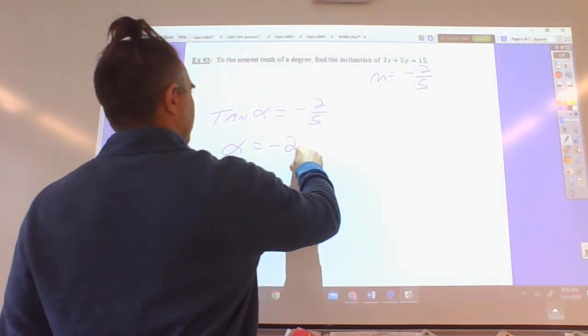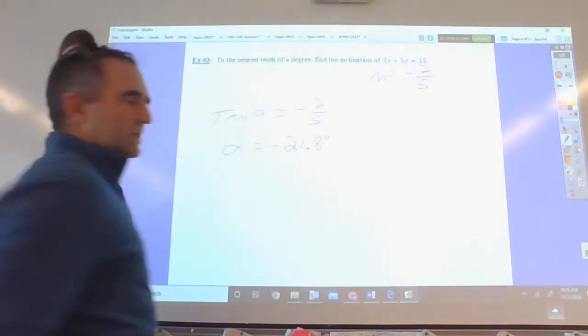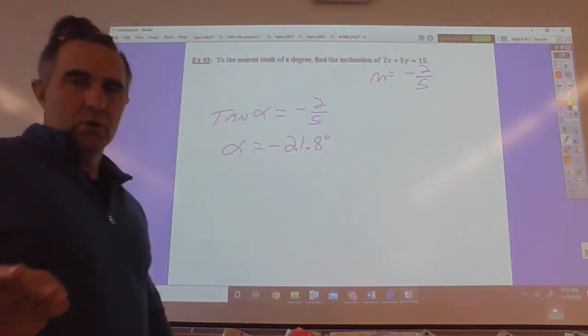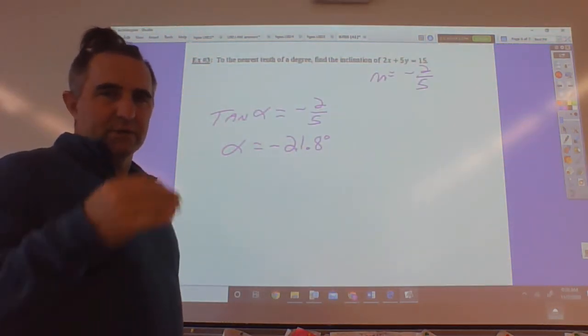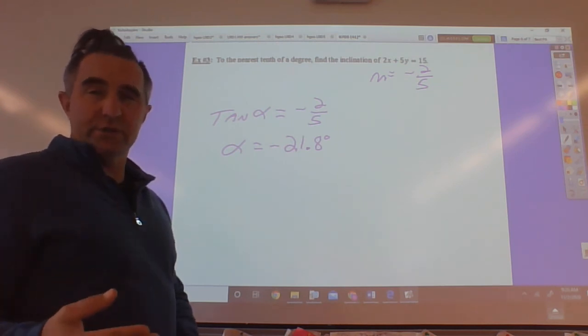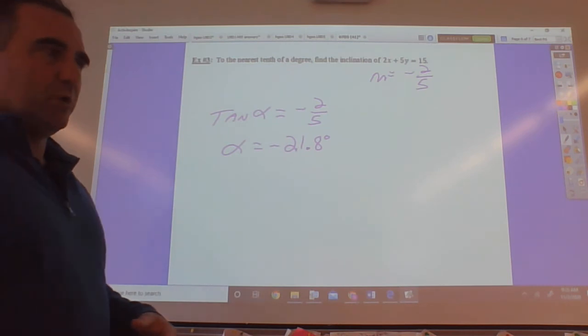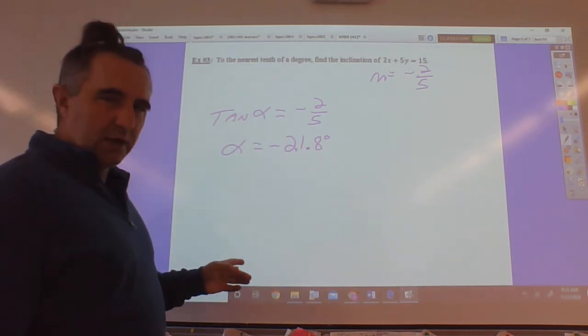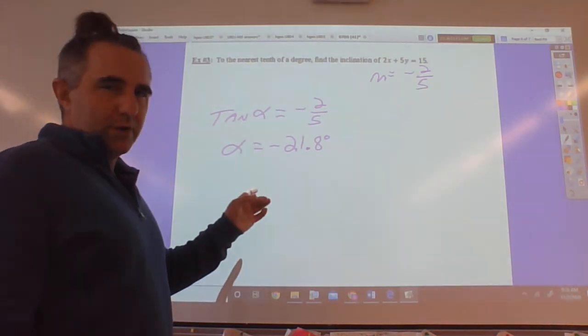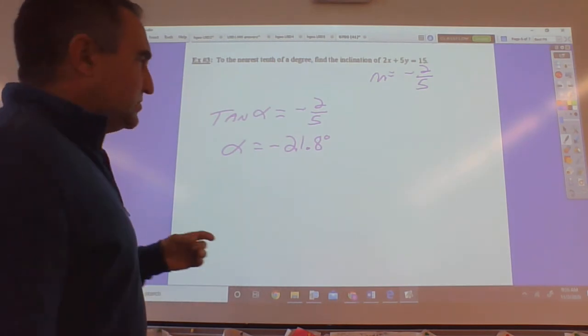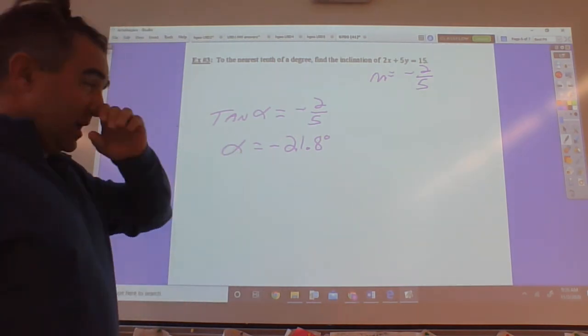So negative 21.8 degrees. Now remember, when we were dealing with tangent and sine with their inverses, the negatives were defined in the first and fourth quadrants, but we said it was from negative pi over 2 to pi over 2. That was the domain. So this is what your calculator is going to do.